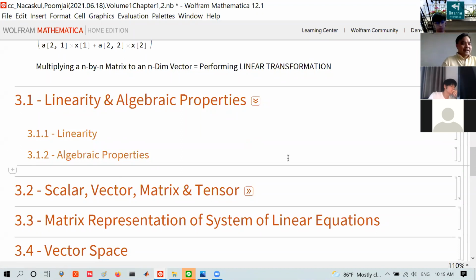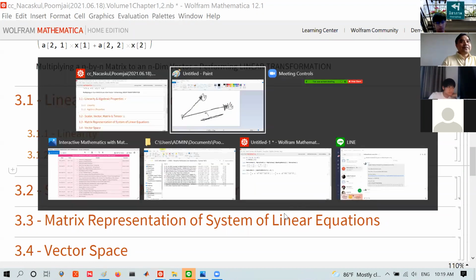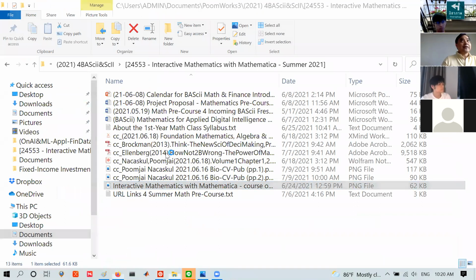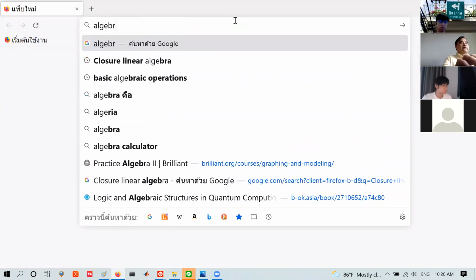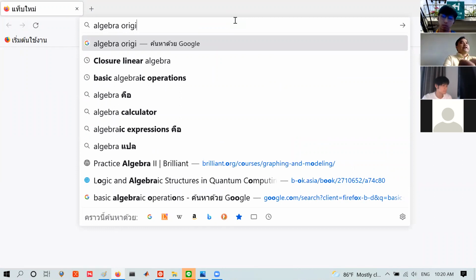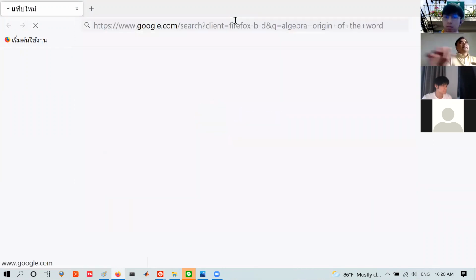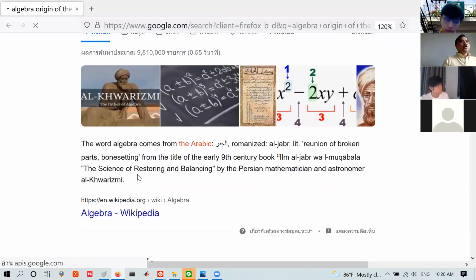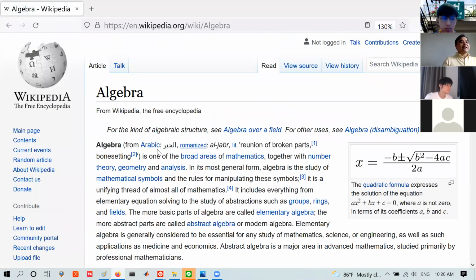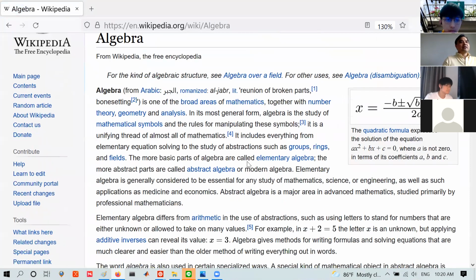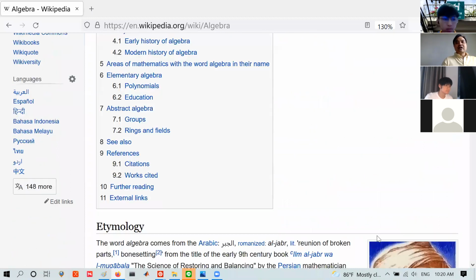Now, algebra, I'm sharing the whole screen, right? So let me go to Wikipedia. On the origin of the word algebra, you will see that the word came from the name of this person, Al-Khwarizmi.